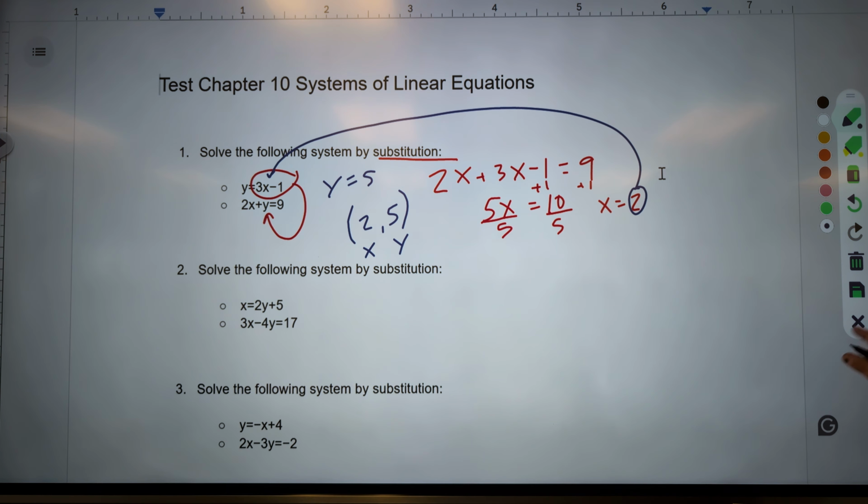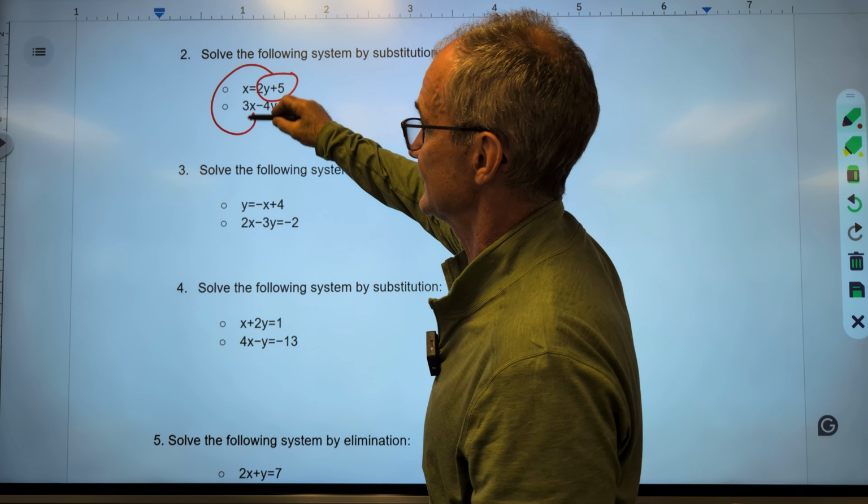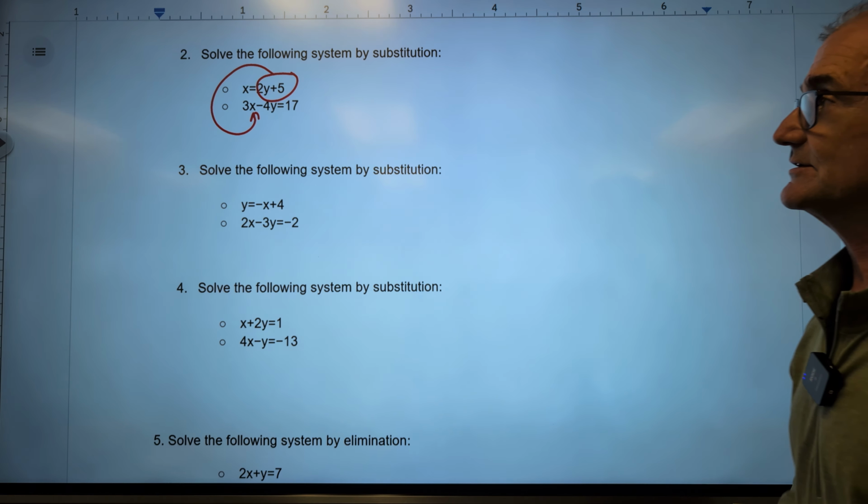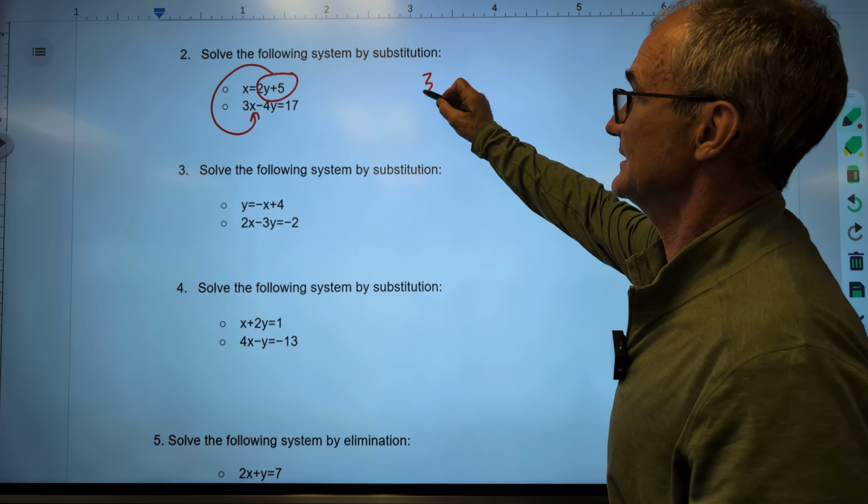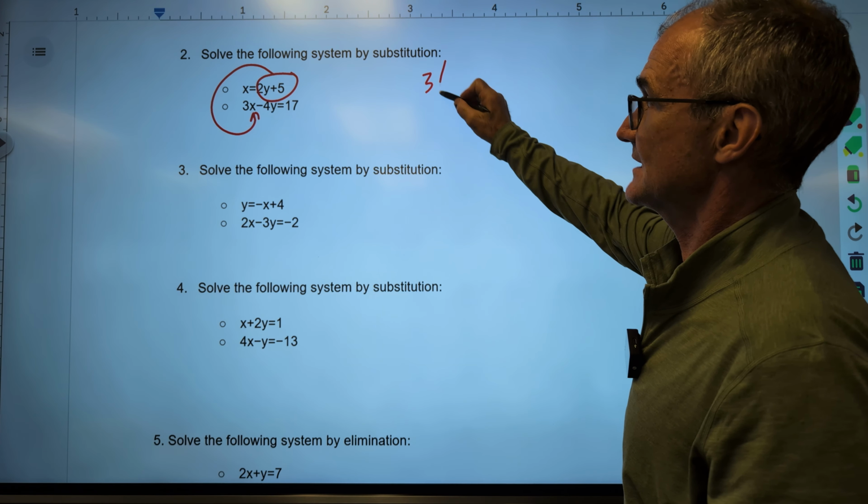Move it up a little bit here. Again, we're solving by substitution. This time I have x is equal to this. Take that value for x, and I'm going to plug it right in there. I want to use my parentheses here. 3 times x, which is 2y plus 5, minus 4y is equal to 17.